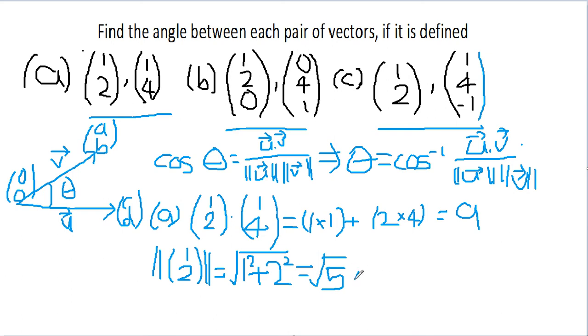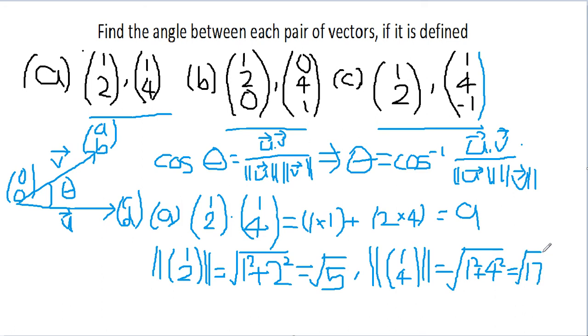Whereas the magnitude of this vector (1, 4) is the square root of 1 squared plus 4 squared, which equals the square root of 17.